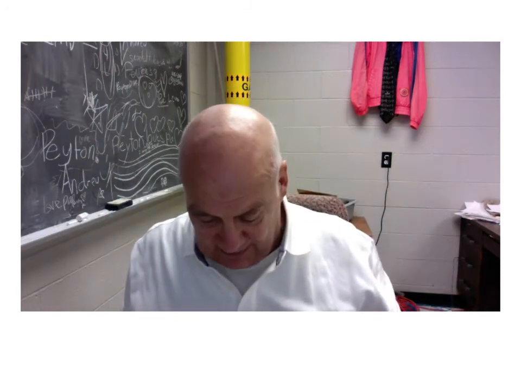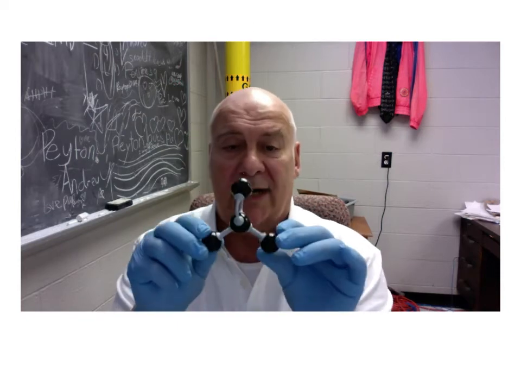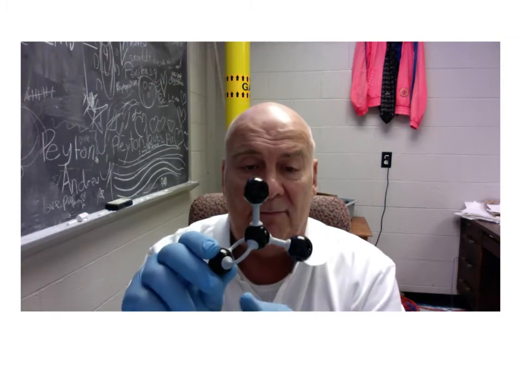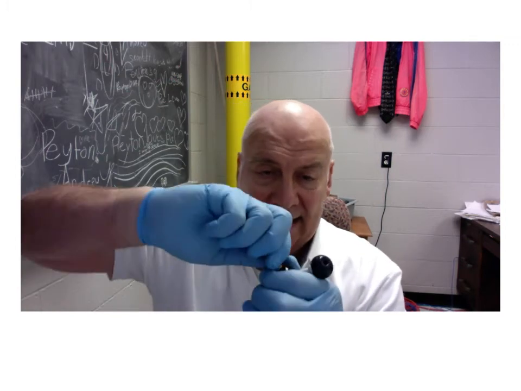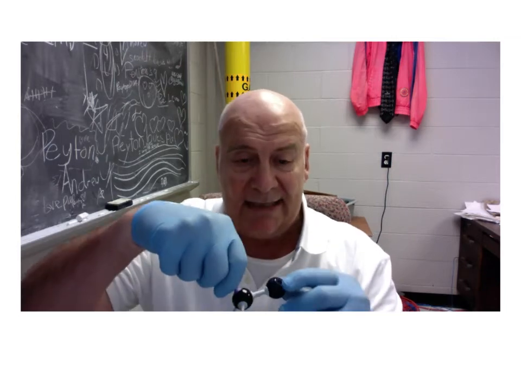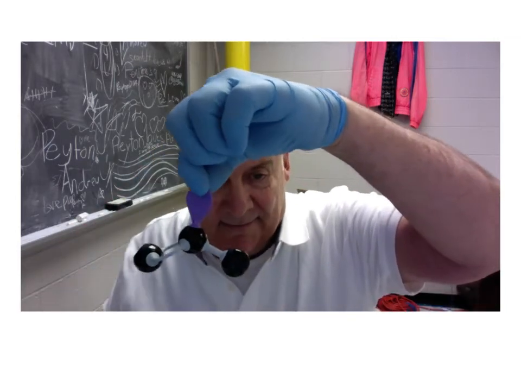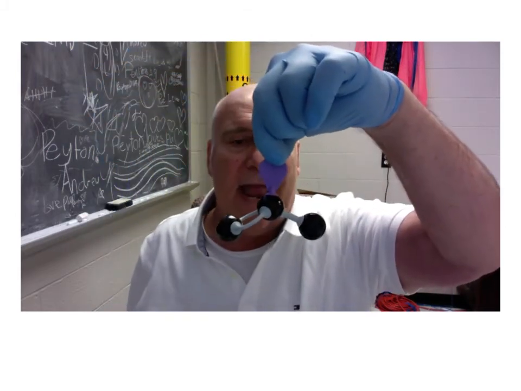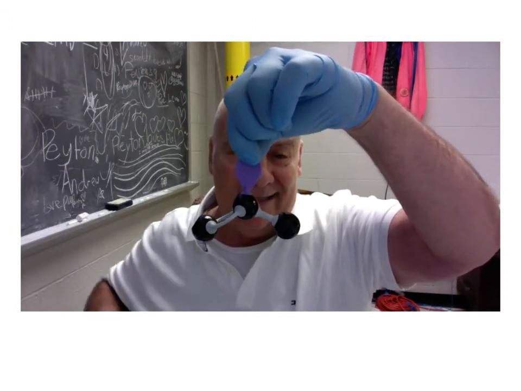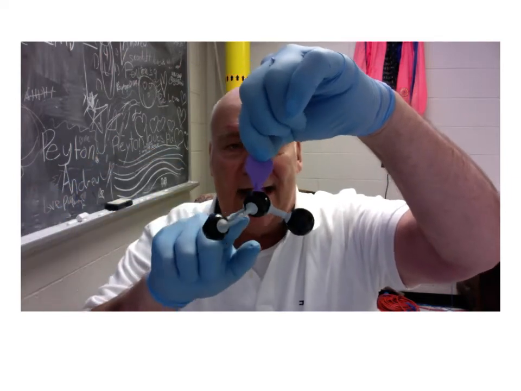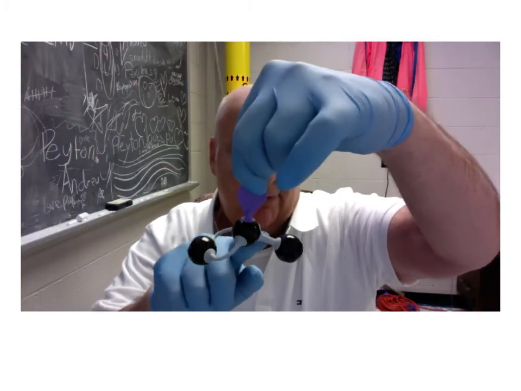Okay, now, if we go back, say, to our trigonal planar arrangement, and instead of having no lone pairs on the central A, let me take one of the B's loose and let me connect instead a representation of non-bonding pairs of electrons. This little lobe here represents no B bonded to the central atom, just electrons there. So this is a lone pair of electrons. Now I have a remaining double bond and a remaining single bond.